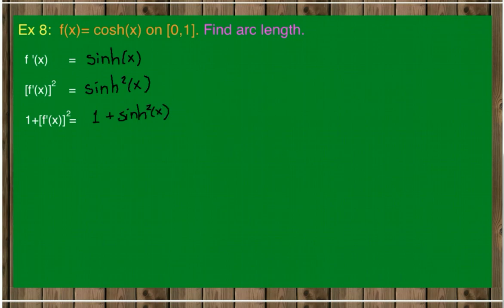We know the Pythagorean identity: 1 plus sinh squared of x is equal to cosh squared of x. So we can set the integral from 0 to 1 square root of cosh squared of x dx.